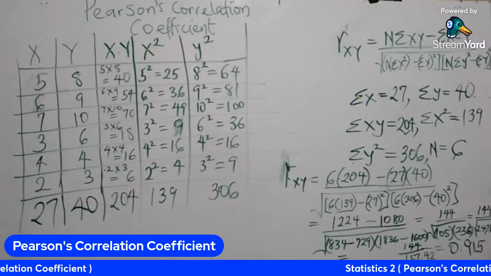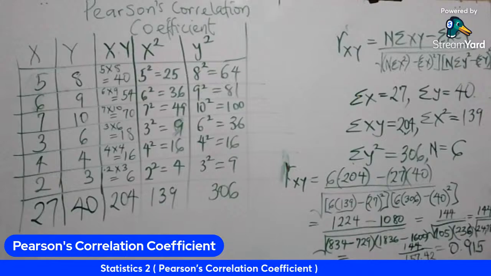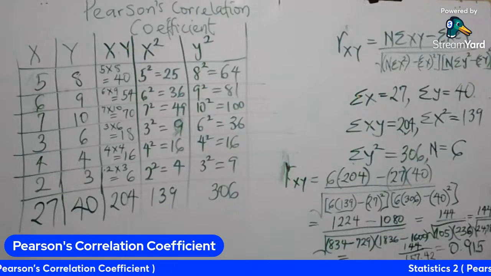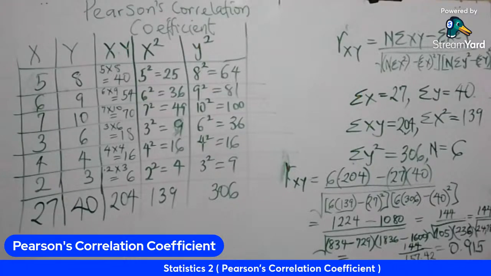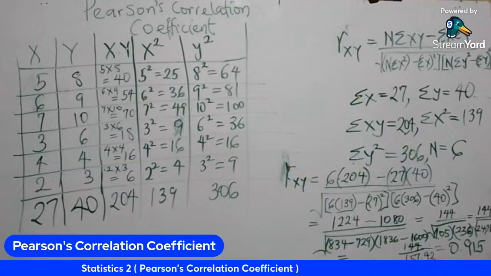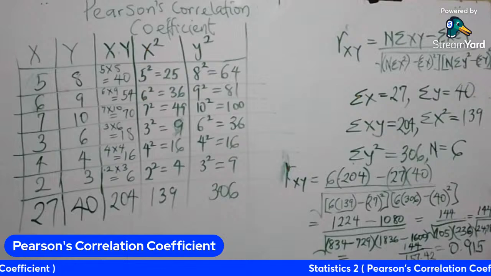But when you look at this one at 0.9, it shows it has a very strong positive relationship between the family income and the expenditure. So that means any increase in the income will bring a strong noticeable increase in the expenditure.